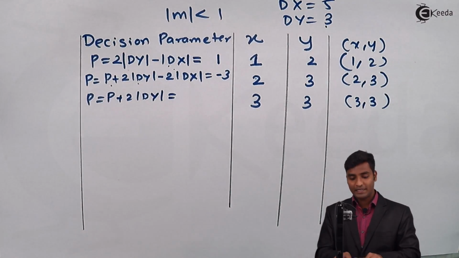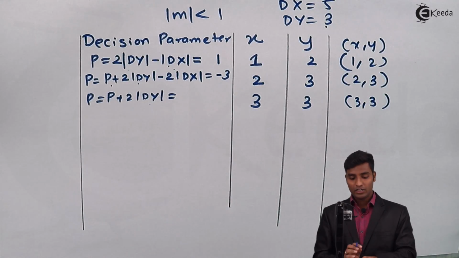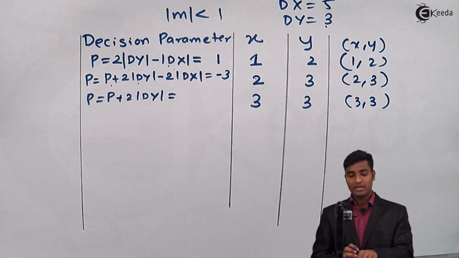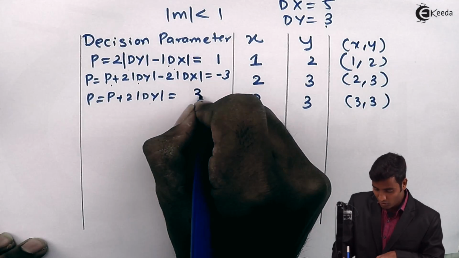So the initial value of p is minus 3 and the value of dy is 3, so 2 into 3 is 6, and initially it is minus 3, so minus 3 plus 6 is positive 3.